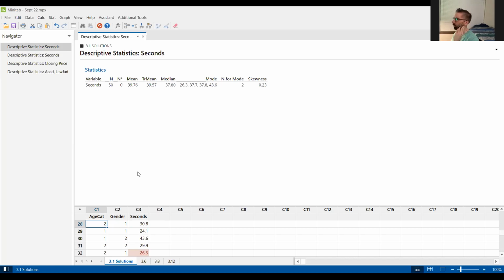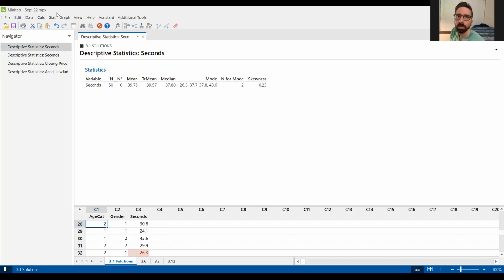What I did, and you have the option of doing this too, was uncheck some boxes for things that are not yet learned, because it defaulted to things like variance and standard deviation, which we're going to learn in the next 2 meetings. So I just unchecked those.